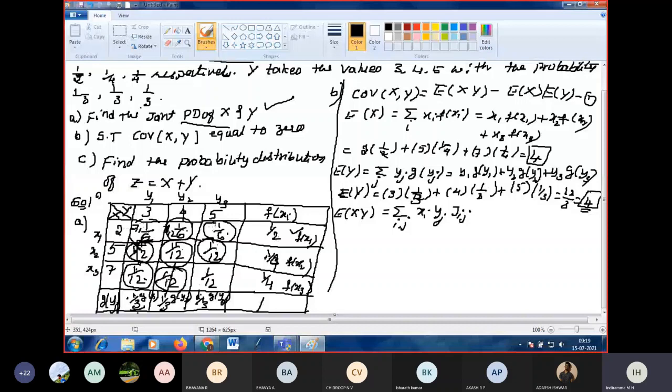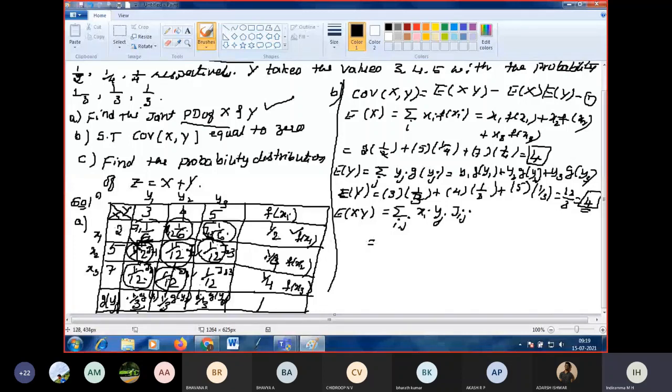First column is this one only. Next, this is f13. This is f21, f22, f23. Next, f31, f32, f33. Like that, so that is fij. So directly I am going to substitute.